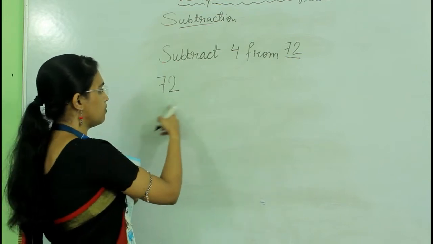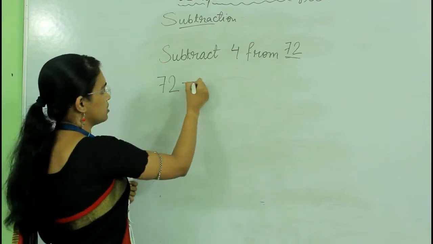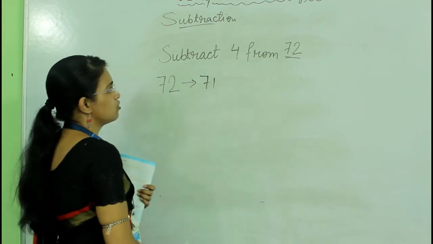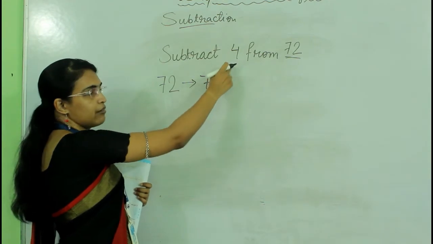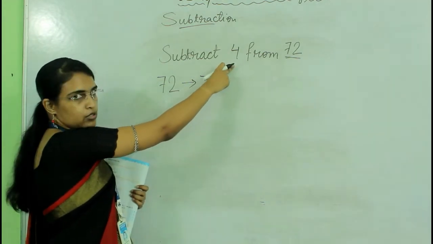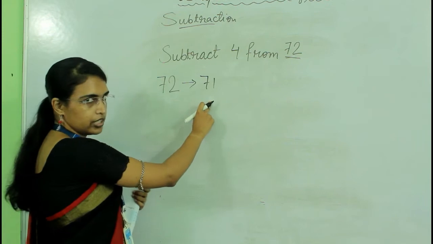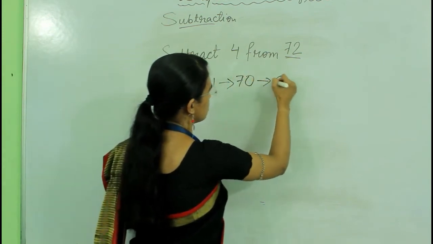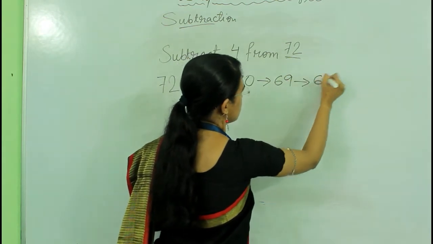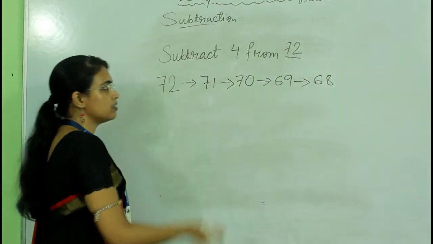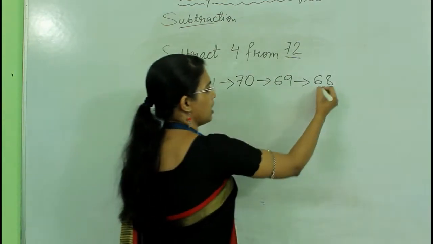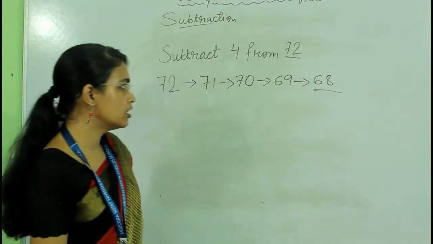When we are writing backwards, what comes after 72? 71. So how many numbers do you have to write? 4 numbers. Okay, so one I have already written. Then 70, then 69, then 68. How many numbers have I written? 1, 2, 3, 4. So at last which number did I get? 68.